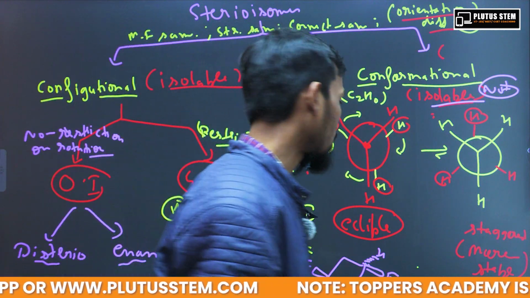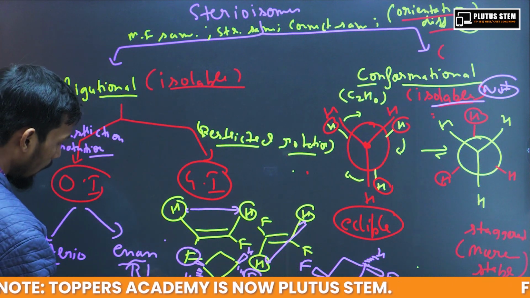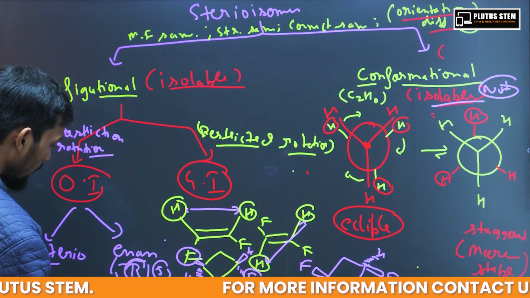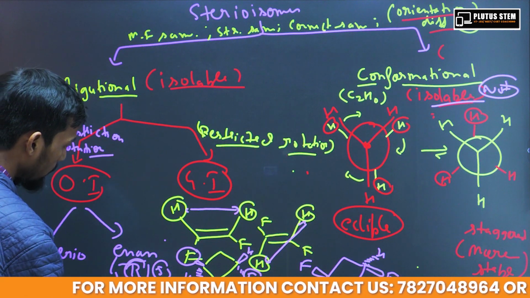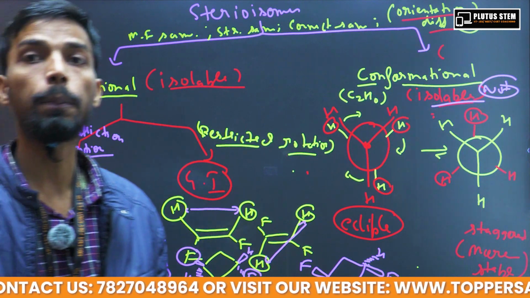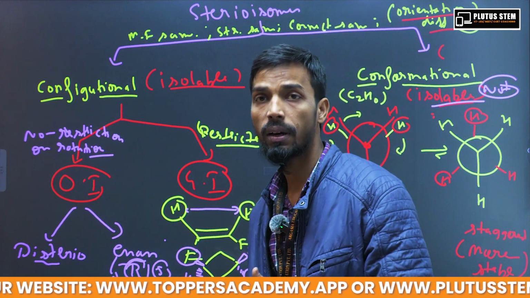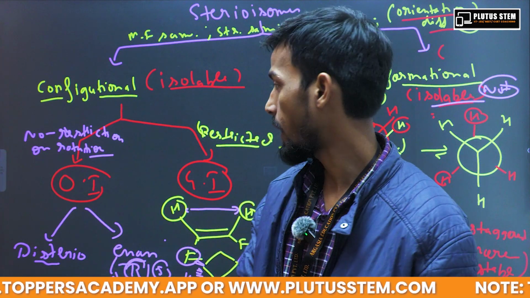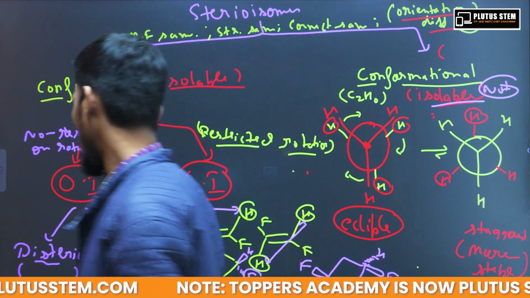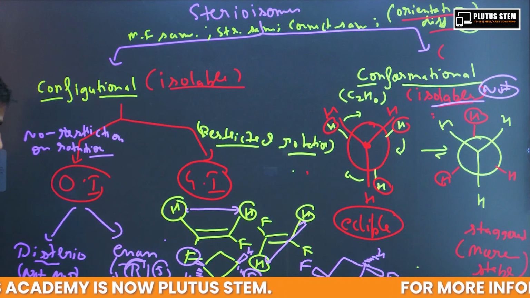Enantiomers are generally RS configuration, the non-superimposable mirror images of each other, and diastereomers are not mirror images of each other.